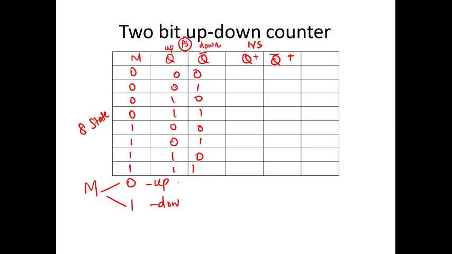So if the current state is 0 0, it will go to 0 1, then 1 0, then 1 1, and then it will go to 0 0 again. Now the mode bit changes to 1, so it will be a down counter. If the current state is 0 0, it will go to 1 1.